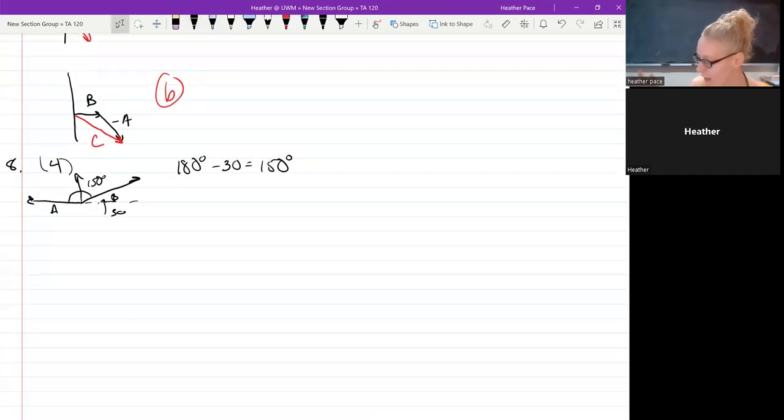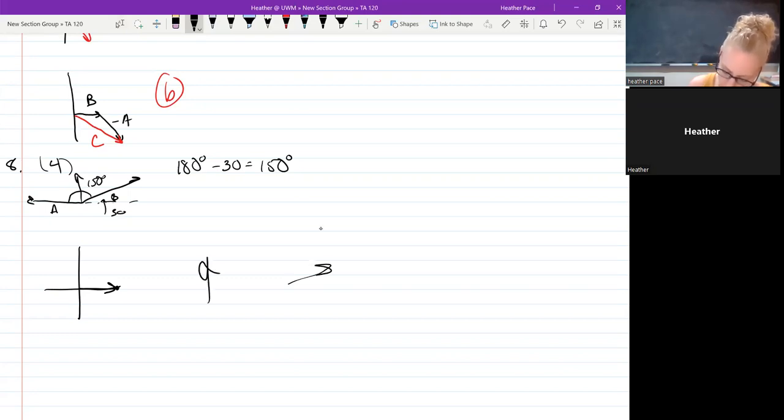So it says that we're going to get C by adding A to B. And we know adding A to B, we take A, vector A always looks like this. We're going to add B to it. So whatever our B is going to look like, if it looks like this or this or this or this, it has to start where our ending of A is.